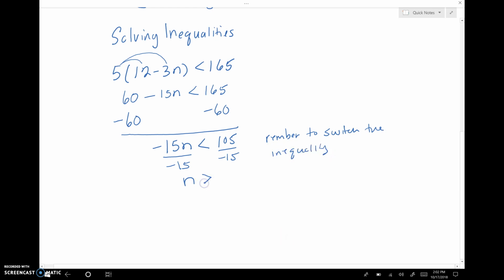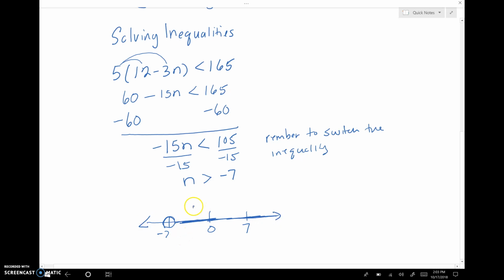So it will be greater than, and we have 105 divided by negative 15, which gives us negative 7. So the solution to this inequality will be any number that is greater than, not including negative 7, that is greater than negative 7.